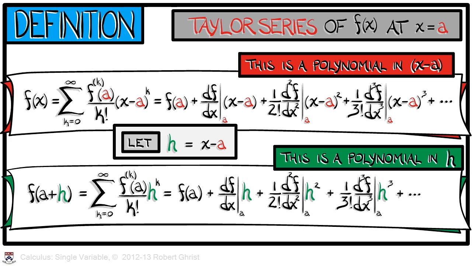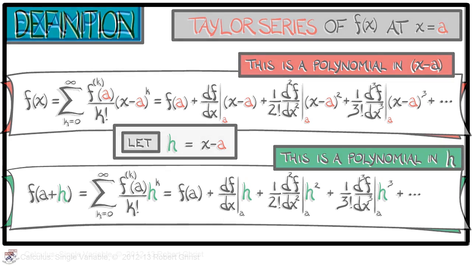This series in h is telling you that if you want to know values of f that are close to a, then you can substitute in a small value for h. And if you're looking for an approximation, you can ignore some of the higher order terms.